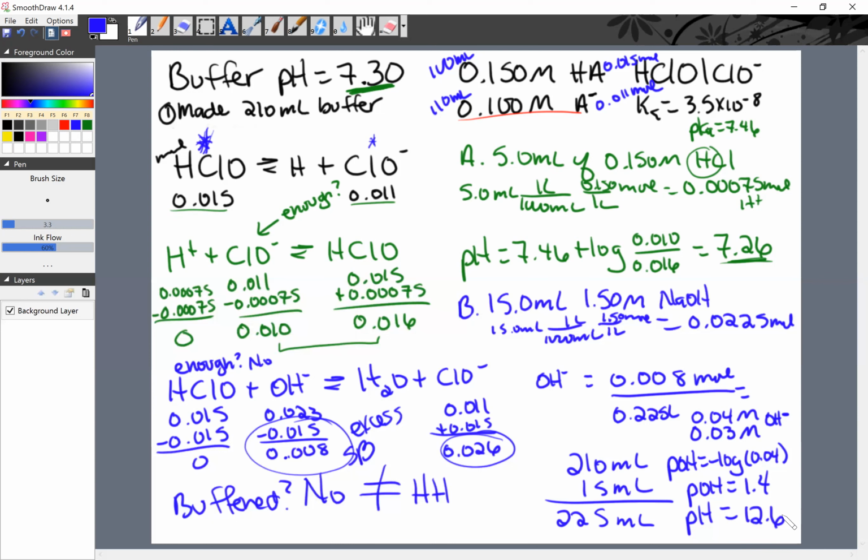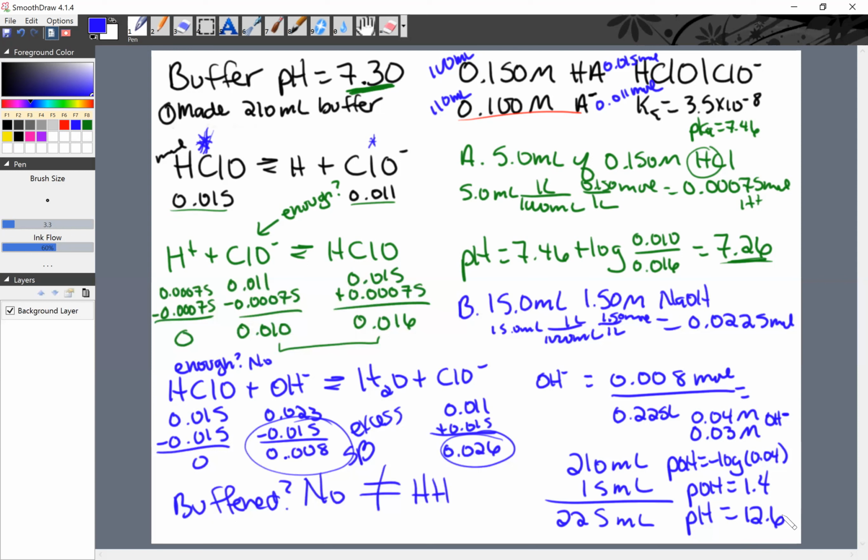Did we expect a basic pH? Well, yes, because I had an overshoot. I have way too much strong base, so I used up my entire buffer, and then I still had strong base left over, and my pH now is 12.6.